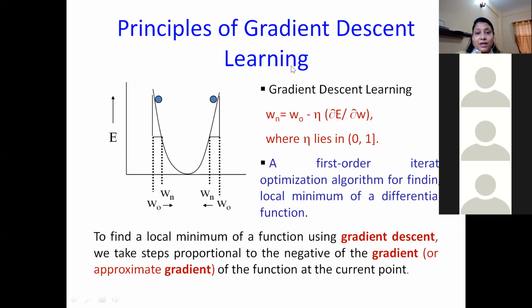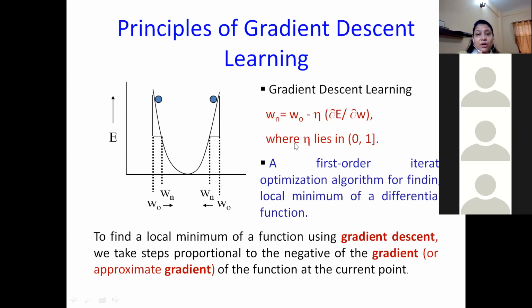By following this gradient descent learning, this Wn can be computed as W0 minus eta of del E by del W. Del means, as all of you know, a partial differential function. So this gradient descent learning method tells us that everywhere that particular thing is differentiable, where eta lies in 0 to 1.